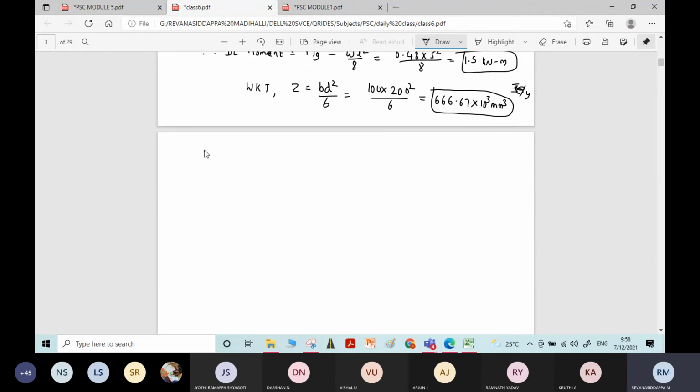Therefore, stress due to self-weight of beam is equal to M G by Z, which is 1.5 into 10 power 6 Newton millimeter divided by 666.67 into 10 power 3. And this is plus or minus.